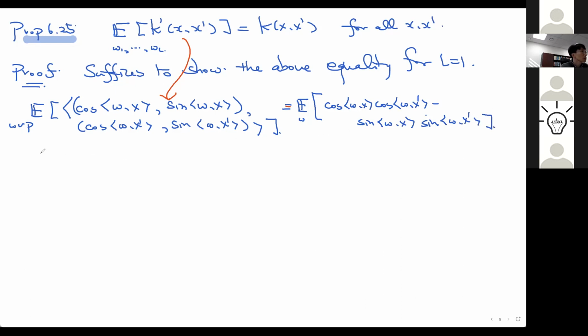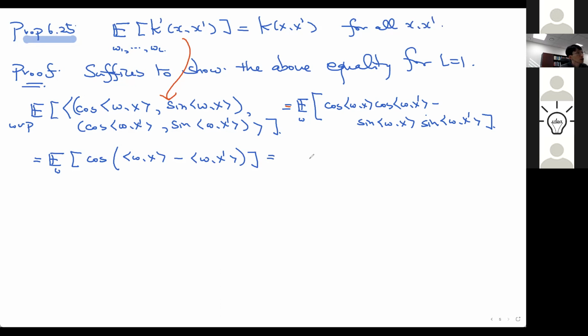But by a simple equation on sine and cosine, the product of two cosines minus the product of two sines with the same parameter is the same as cosine of Wx minus Wx prime. This is a well-known formula between sines and cosines.